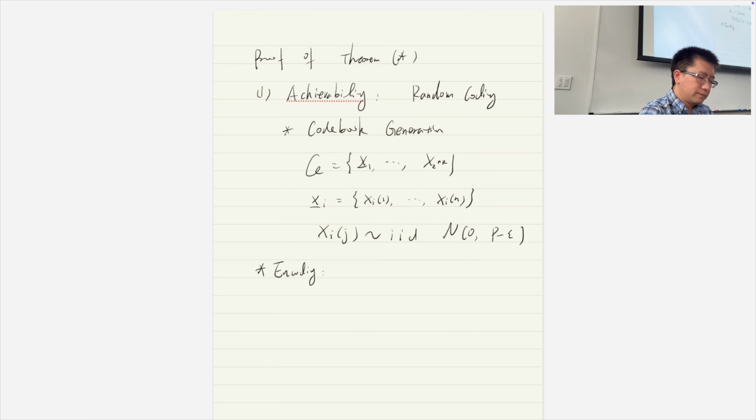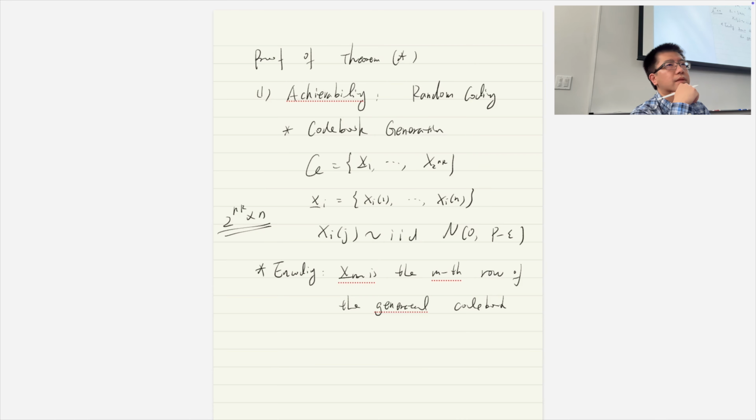Encoding is nothing but x(m), the m-th row of the generated codebook. Assume the codebook is this 2^{nR} by n matrix, so each row is a codeword. Next is decoding.